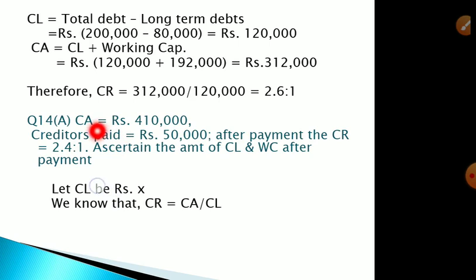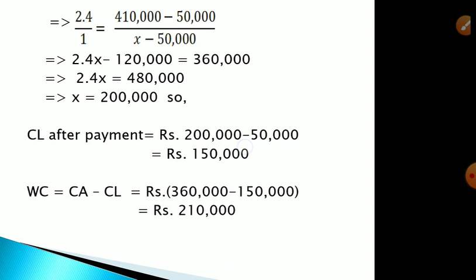Current assets is given in the question, so let us assume the current liability to be X. And as we know, the formula for current ratio is current assets divided by current liability. So first let us write the formula. It was mentioned that the current ratio after the payment was 2.4:1. So I've written, and in the current assets, obviously the current assets will be after payment.